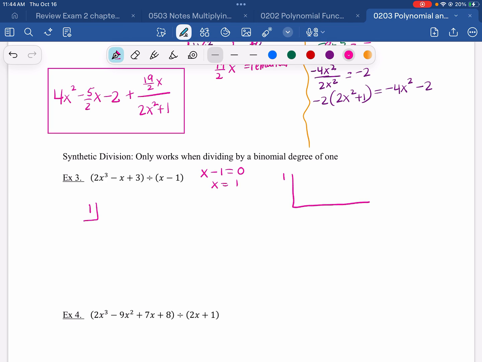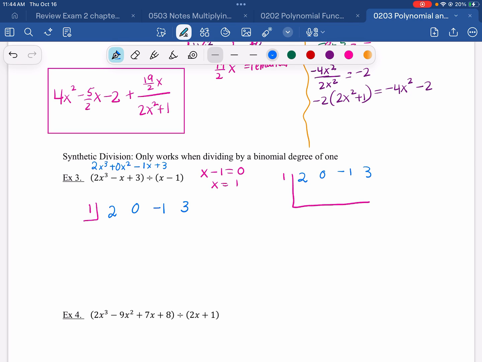For your coefficients, you have to have a placeholder. So this goes 2x to the third. There's no squared, so 0x squared minus 1x plus 3. My coefficients are 2, 0, negative 1, 3. So people put here 2, 0, negative 1, 3.